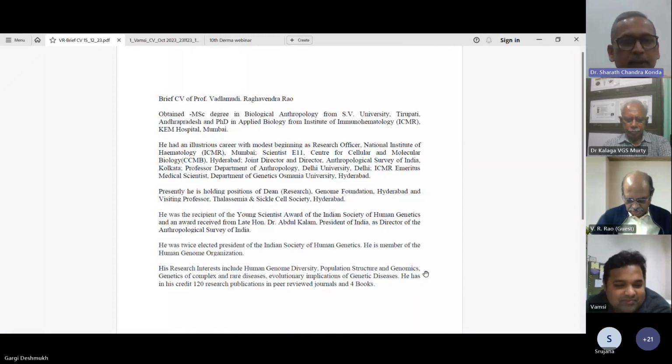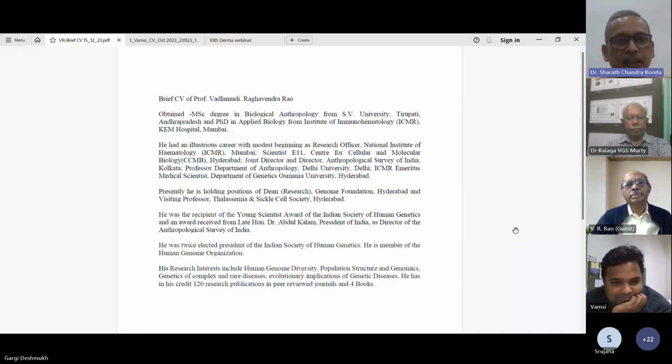He started his career as a research officer at National Institute of Hematology, ICMR, Mumbai, and then worked at the Center for Cellular and Molecular Biology, CCMB, Hyderabad. Then he was joint director and director of Anthropological Survey of India, Kolkata. He was a professor at the Department of Anthropology, Delhi.